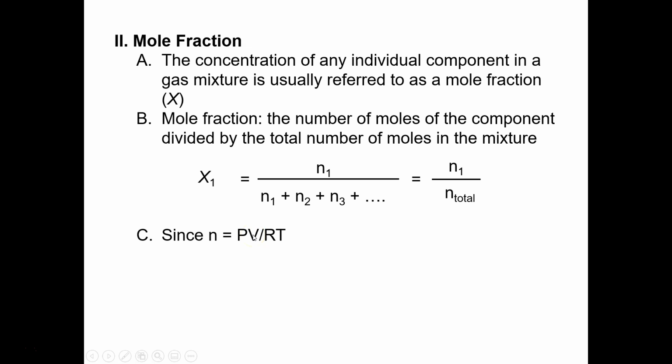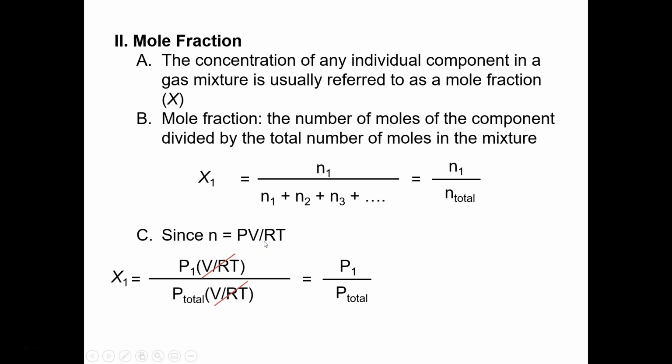Now, since N is equal to PV over RT, and that's from my ideal gas law, you can actually do a little manipulation of this equation. So N1 would equal P1 times V over RT, and N total, the total moles of the mixture, would equal P total times V over RT.